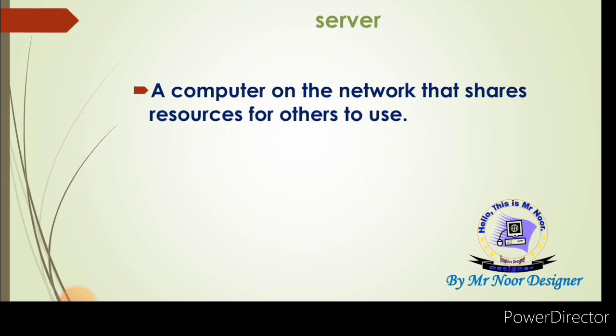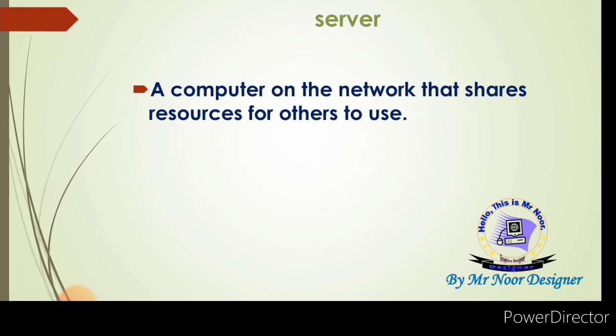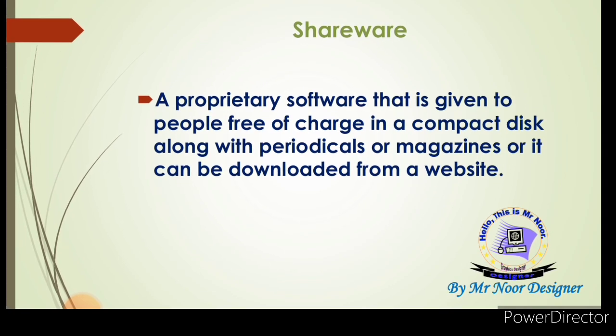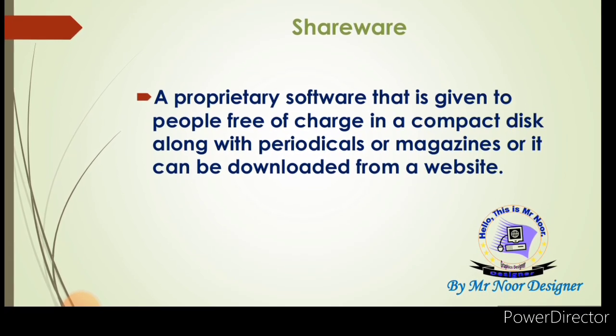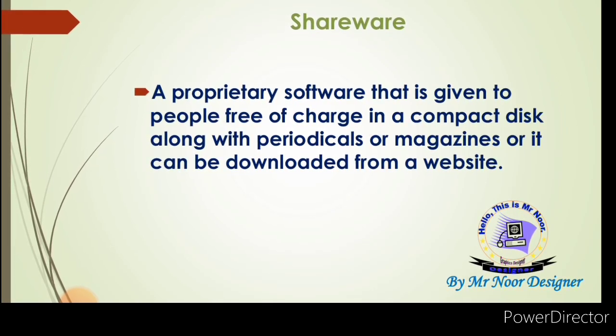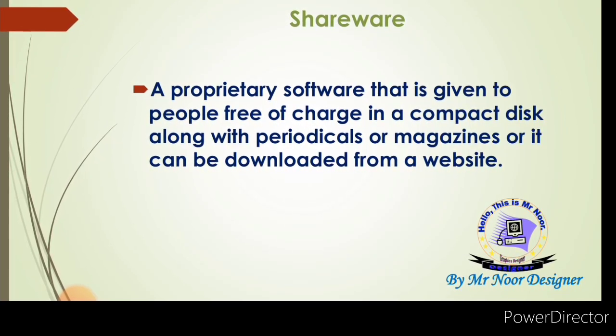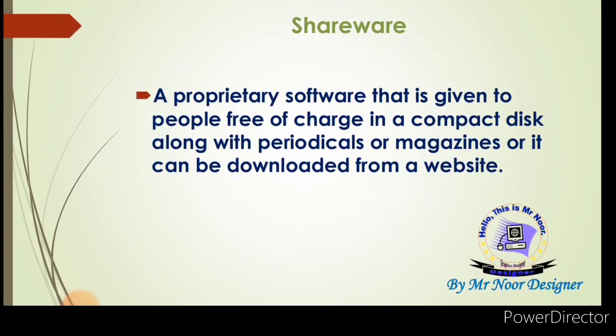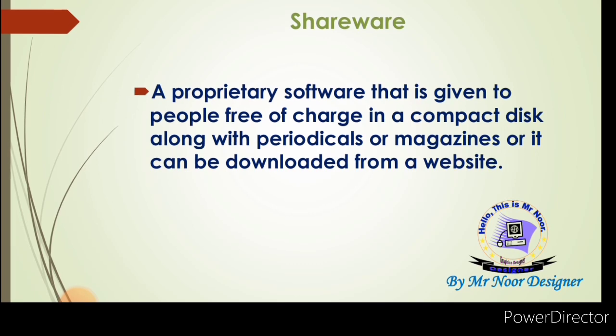Server, a computer on the network that shares resources for others to use. Shareware, a proprietary software that is given to people free of charge on a disk along with periodicals or magazines, or it can be downloaded from a website.